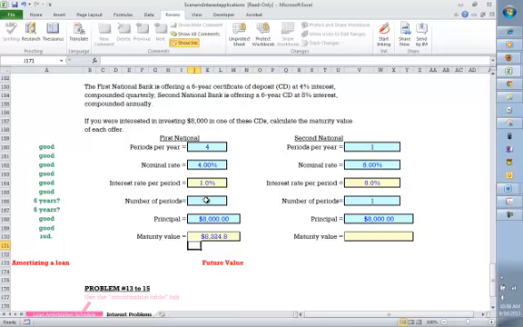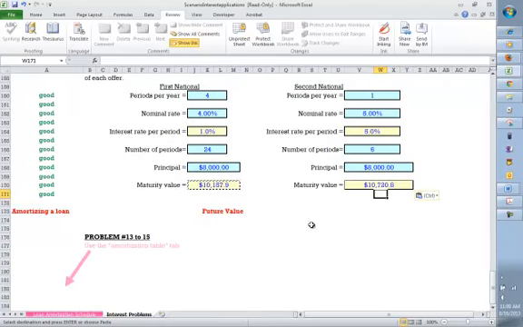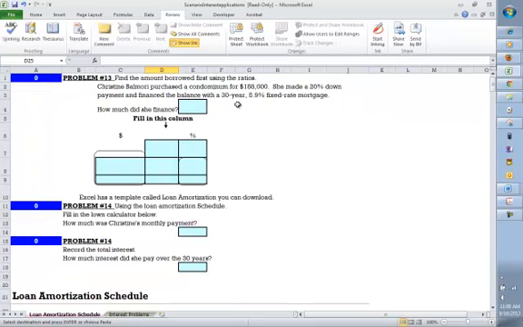Oh, it's for 6 years. So in this case, it's 24, and in this case, it's 6. There we go. Now we got it right. Now I'm going to just copy this formula and put it over here, and you can see that the Second National Bank gives you a little bit more interest. Now it says go to page loan amortization to finish the rest of the problems.